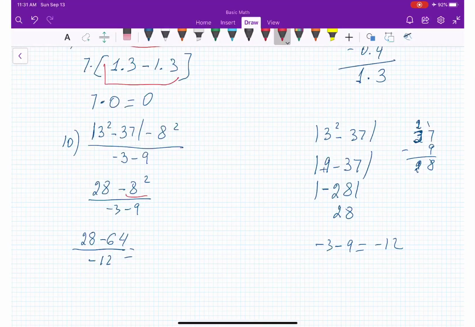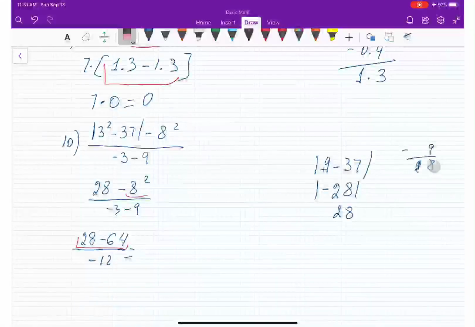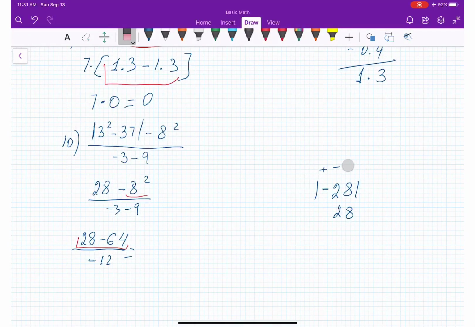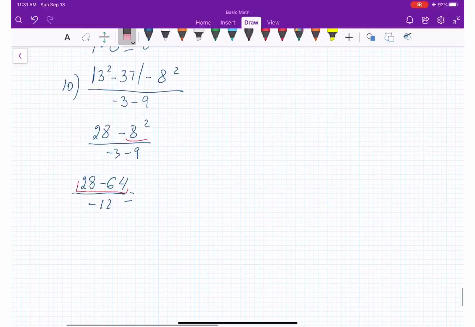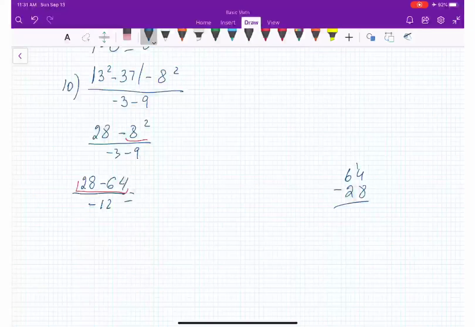Next, we are doing 28 minus 64. So, let's see. 64 minus 28. 14 minus 8 is 6.